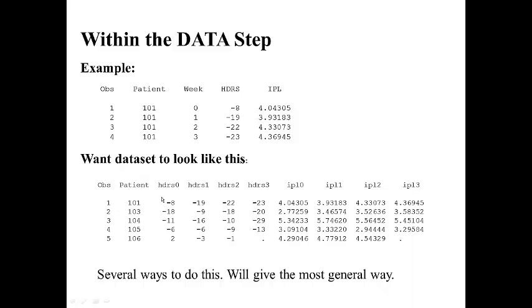So what we've done is we've taken the 4 weeks of information and we've turned it so that we have variables HDRS0 representing week 0, HDRS1 representing week 1, HDRS2 representing the Hamilton Depression Score in week 2, HDRS3 representing the Hamilton Depression Score in week 3. And the same we did with the imipramine levels.